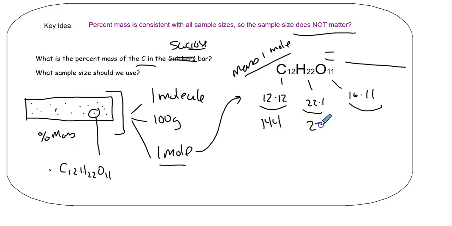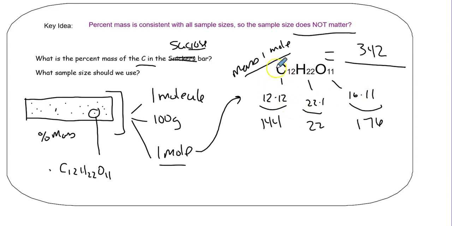This is just 22. And 16 times 11 should just be 176. Add them all together, and we get 342.